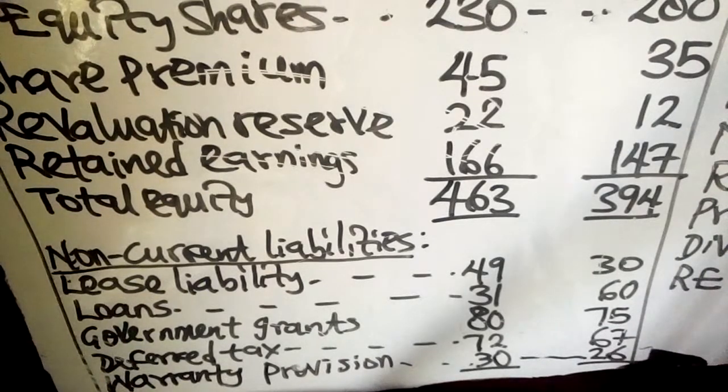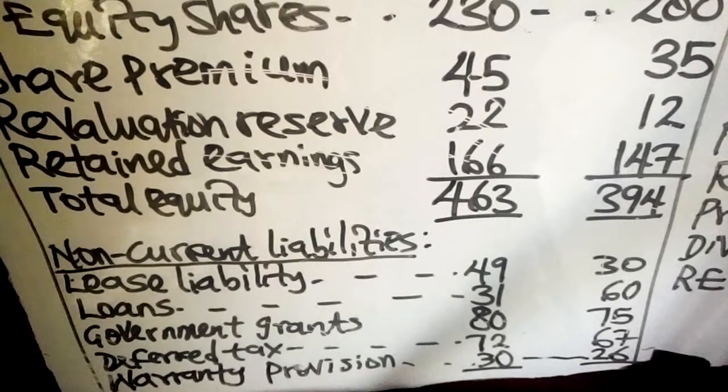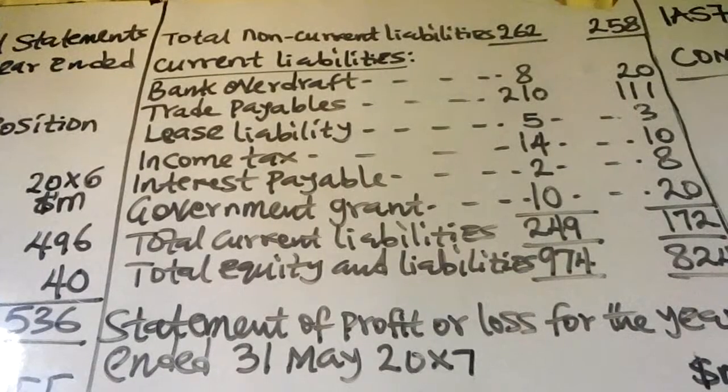Then warranty provision 30 for 20x7 and 26 for 20x6. We have total non-current liabilities 262 for 20x7 and 258 for 20x6.